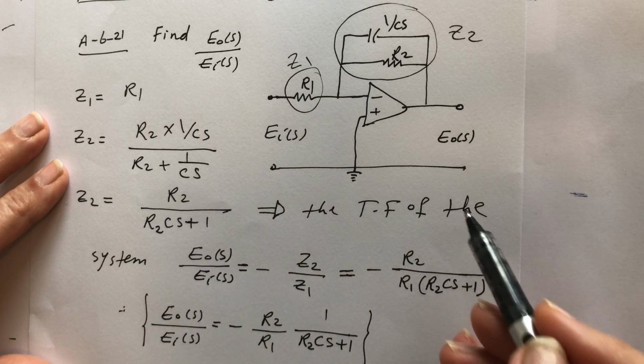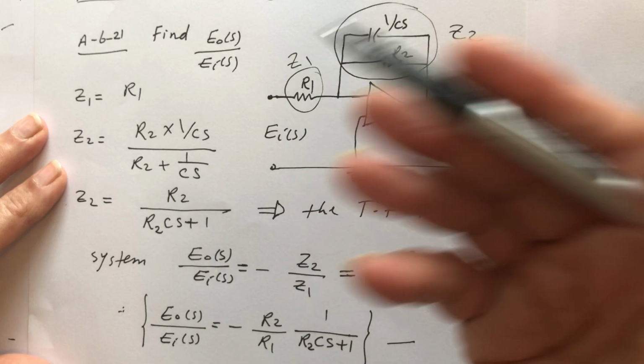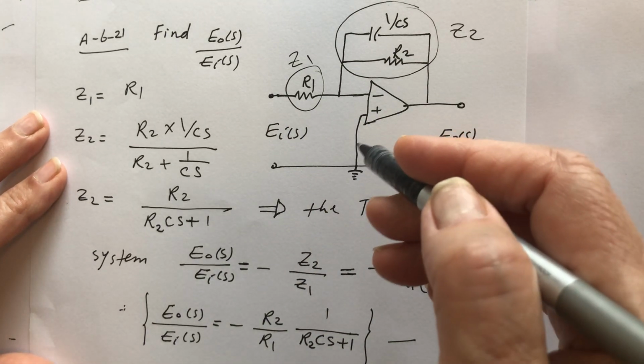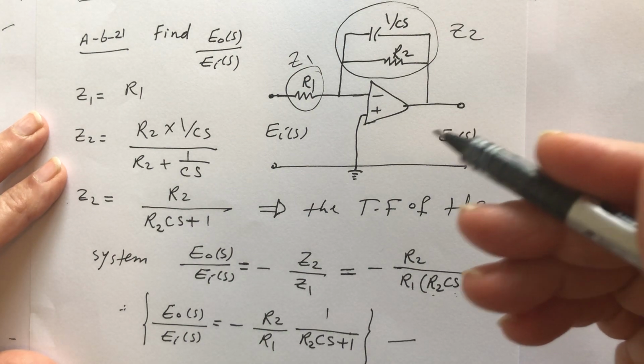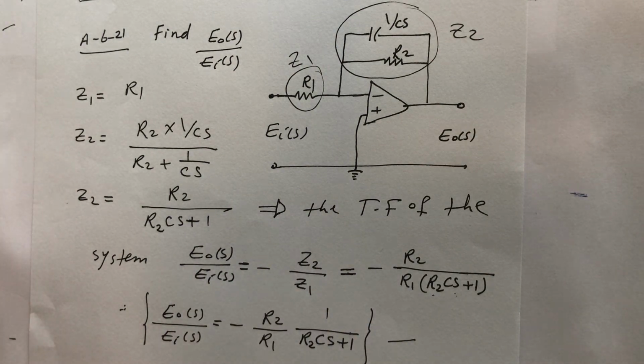The transfer function will be, as we said, Z2 over Z1. It will be R2 over R1 times (R2 CS plus 1). And this is the transfer function of these active filters, controllers, and I'll come across this later when we get to this part of the material.